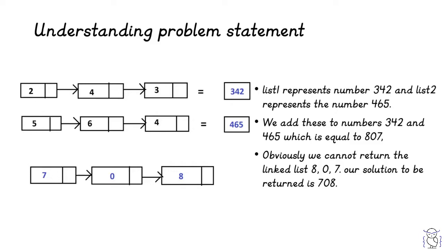What we want to do is to add these two numbers, which is 342 plus 465 equal to 807. Obviously, we cannot return the linked list as 807 because our linked list represents the number in reverse order. So, the solution that we have to return is 708.